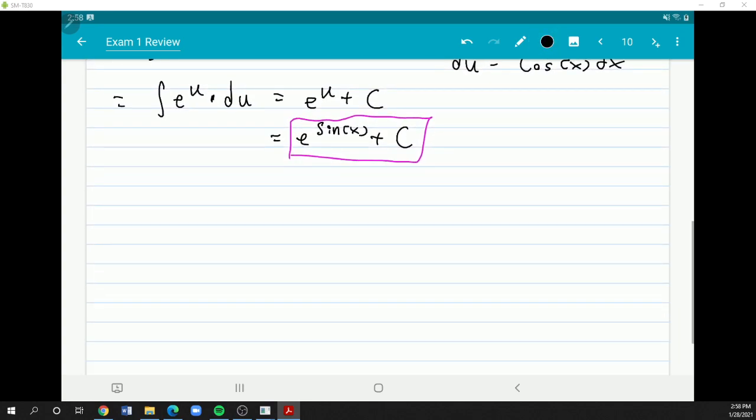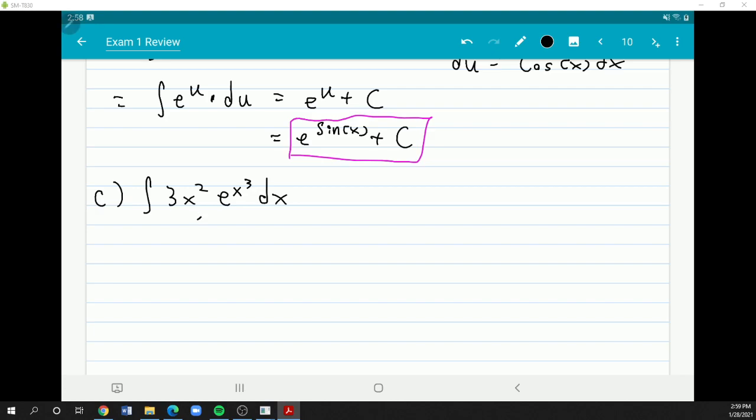And then one more. C. I'm taking the integral of 3x squared e to the x cubed dx. All right, 3x squared, e to the x cubed.